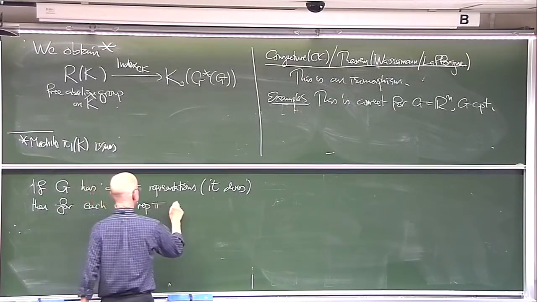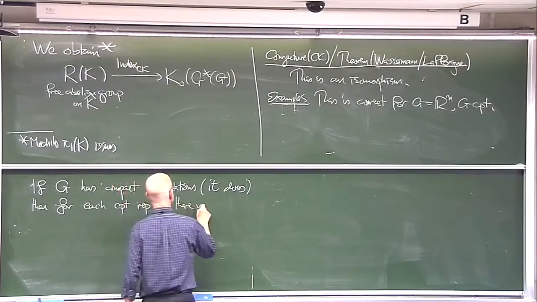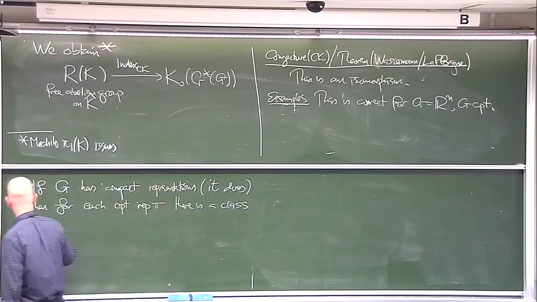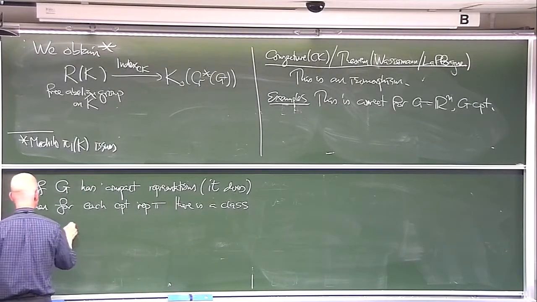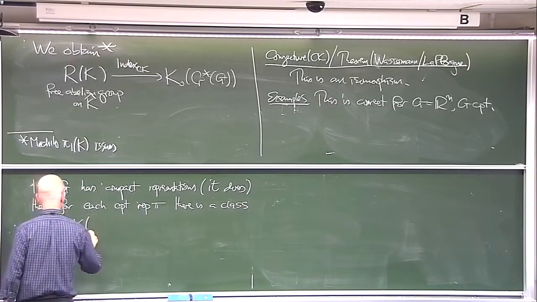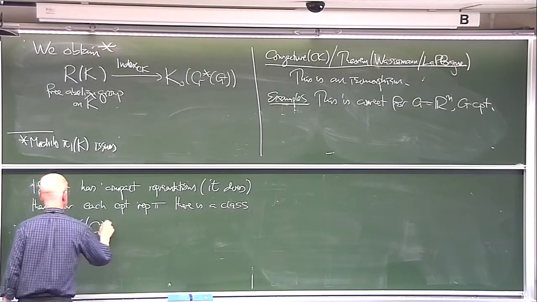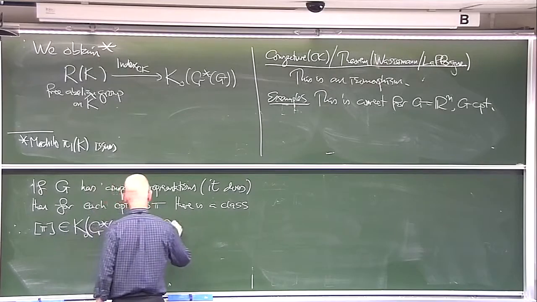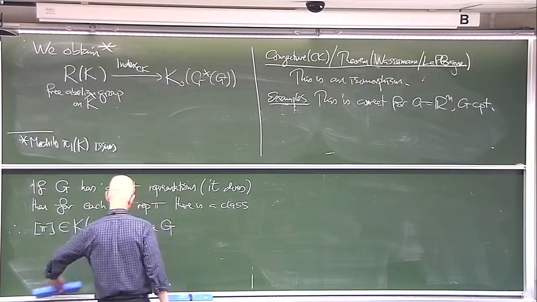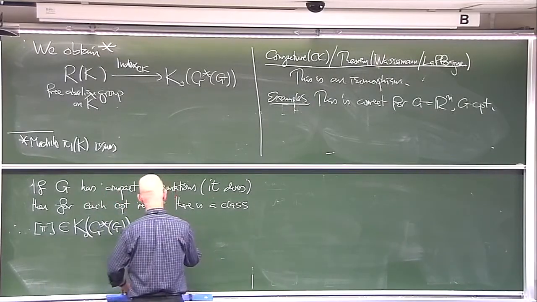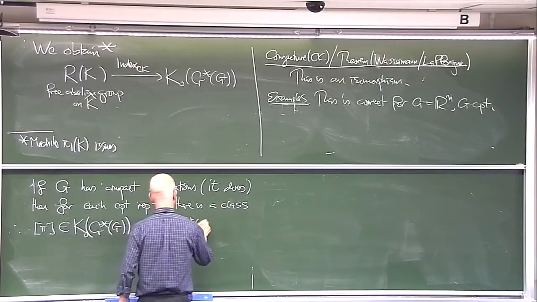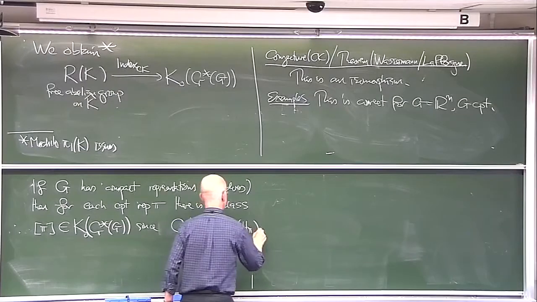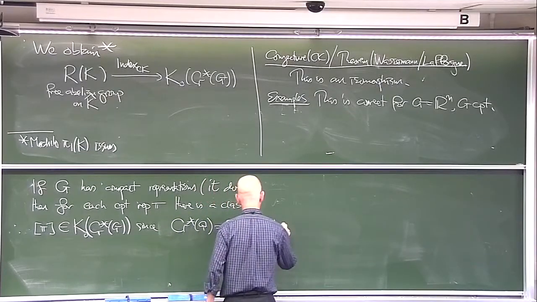Each time you have one of these things, there is a class. Let's call it square bracket pi. Because after all, according to the definition of compact representation, the C-star algebra of G is the compact operators on H_pi, an ideal isomorphic to that, plus the kernel.